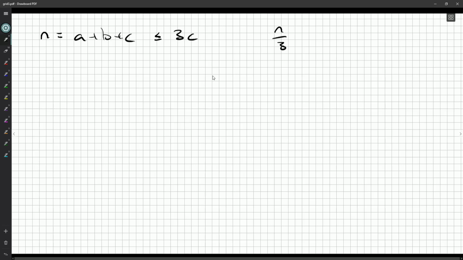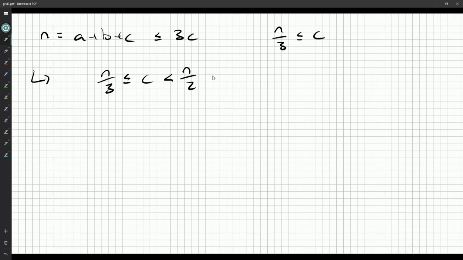So summarizing, what do we got? C has to be greater than or equal to 1/3 of the perimeter, and has to be strictly less than 1/2 the perimeter, also called the semi-perimeter. So this narrows down things a little bit.